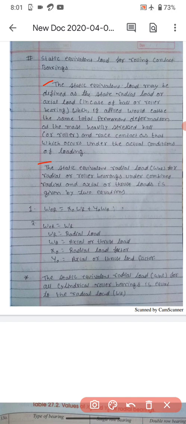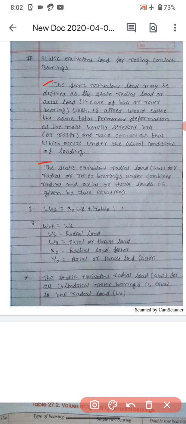Means if the static load or the axial load is applied on the ball or the roller, it will give the same total permanent deformation that it gives in the actual concentration of the loading.